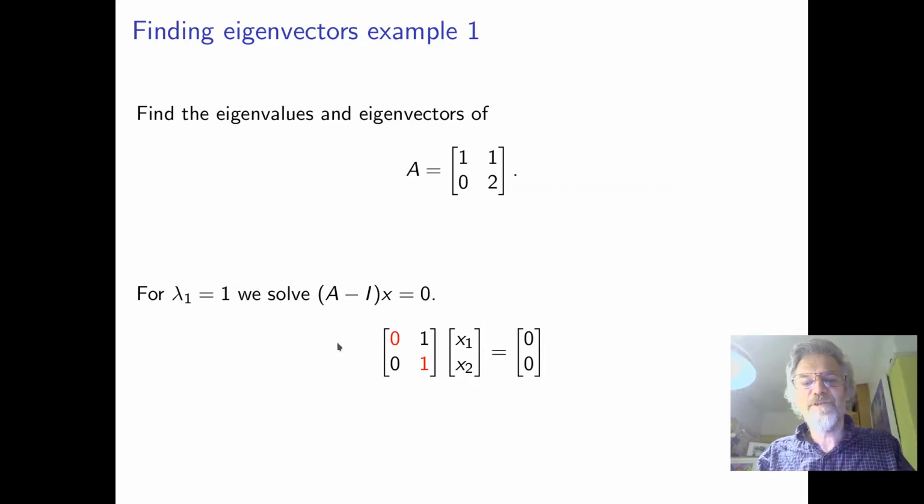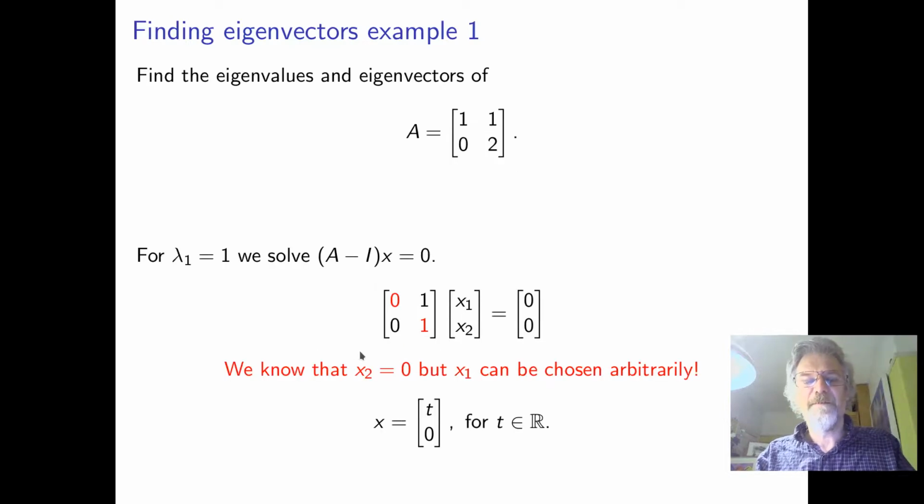But when it comes to solving that system, we just say, well, the last equation says x2 equals 0. So that's what it is. But that means that x1 can be whatever you like. In fact, you'll see these equations both say x2 equals 0. So x1 can be what you like.